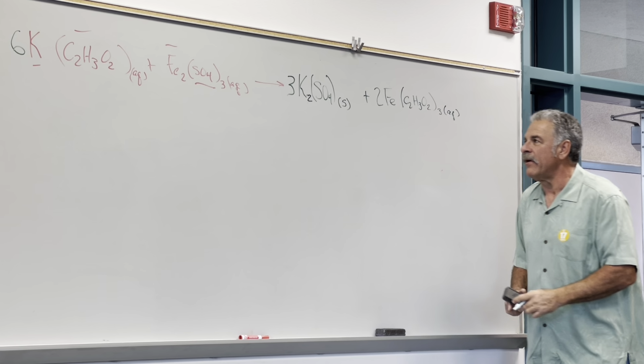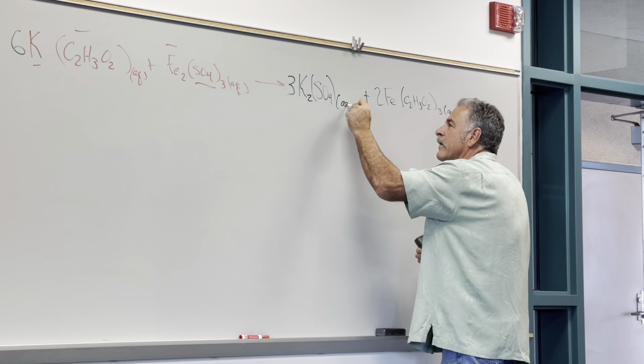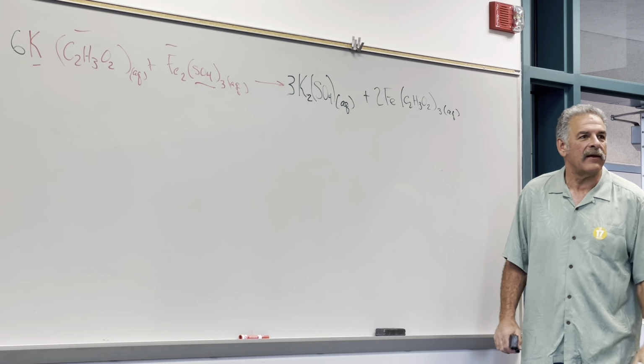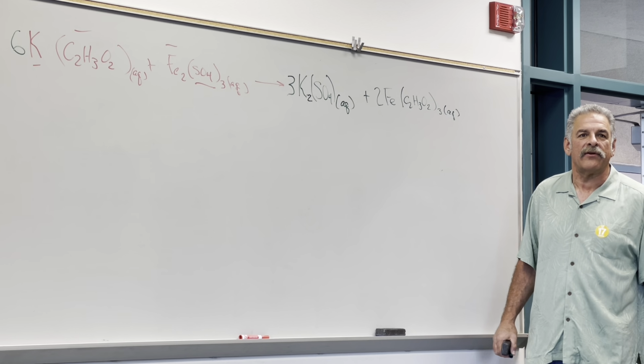Sulfate salts, except with strontium, I thought all of them. Sulfates are generally soluble. Exceptions. Right, so that's not an exception, right? Nope. So it's soluble, so what does that mean? No aqueous. Right, no reaction, right?